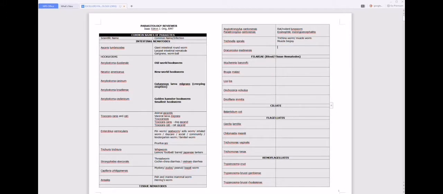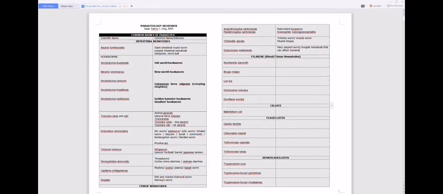Okay? So, next, Dracunculus medinensis. It is also called as fiery serpent worm. So fiery serpent worm. And it is also the longest nematode that can affect humans. Okay?